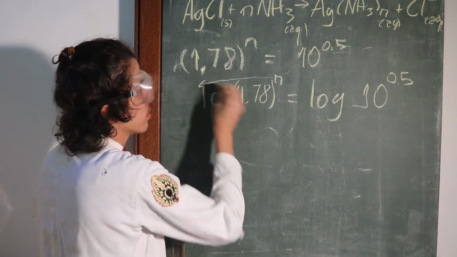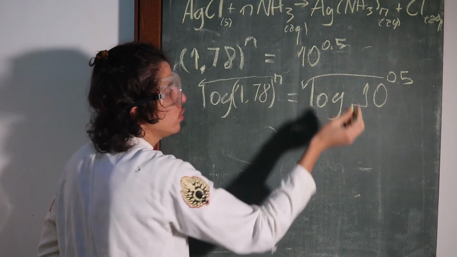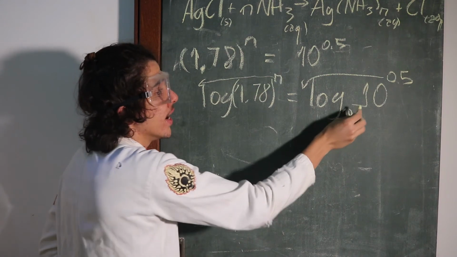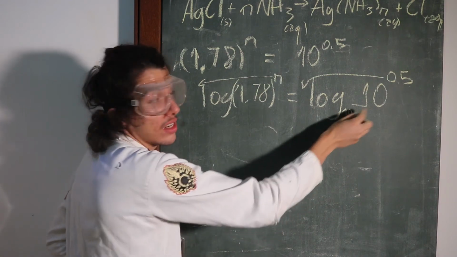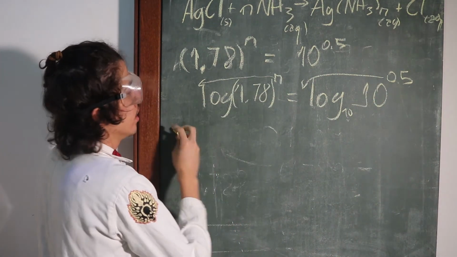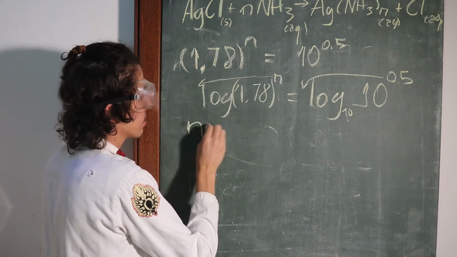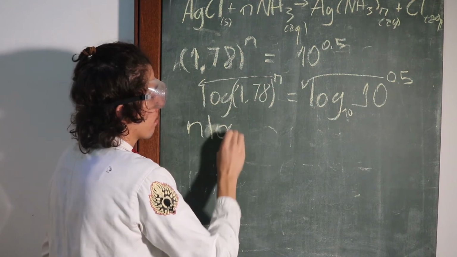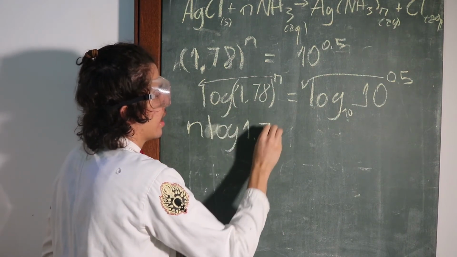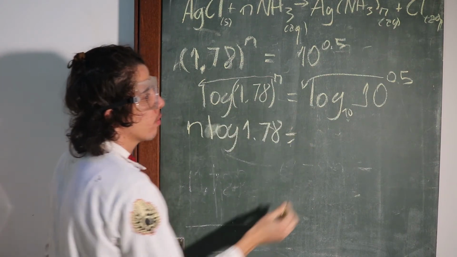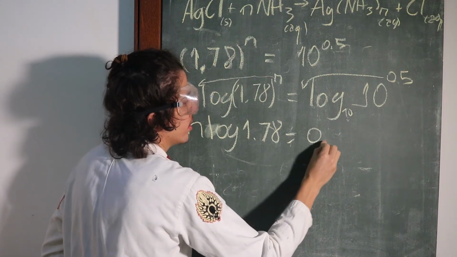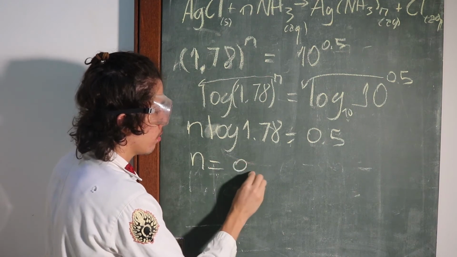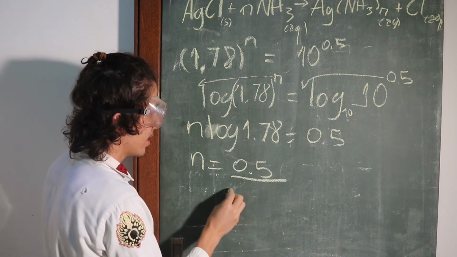This is log base 10, and if we have 10 here, it's 1. And we pick the n, multiplying, so it's n times log 1.78, equal to 0.5. So n is going to be equal to 0.5 divided by log 1.78.